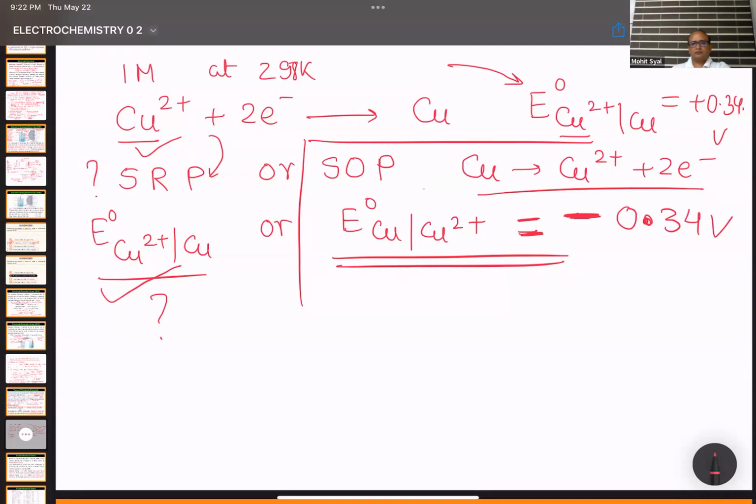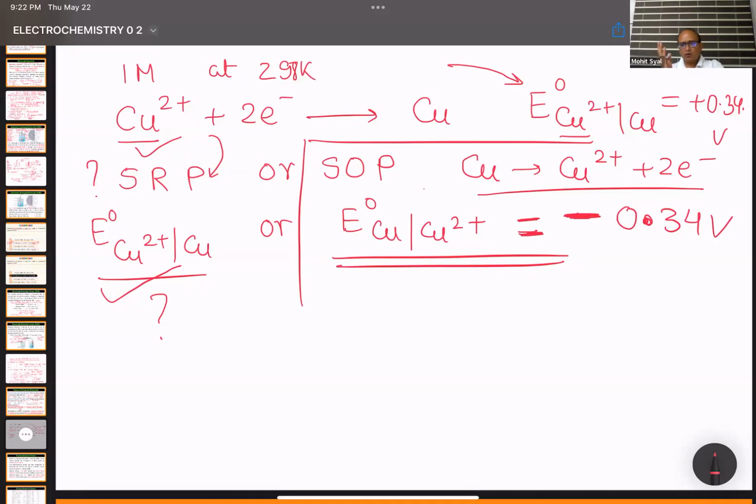Right? So as per IUPAC convention, which value should be taken by default?